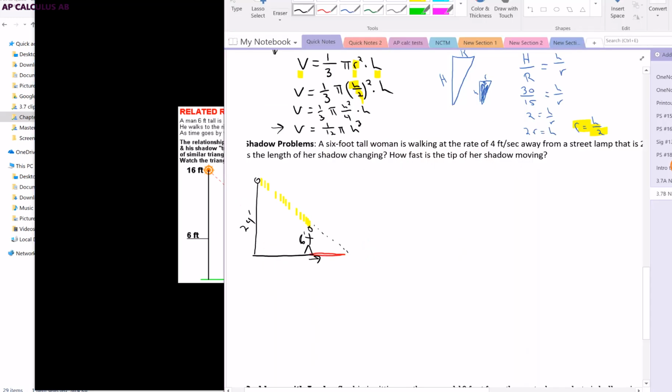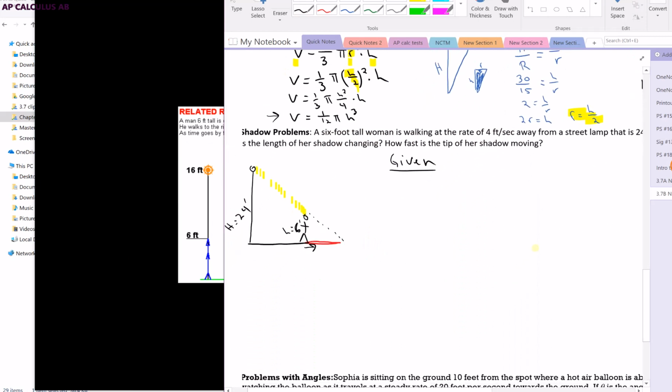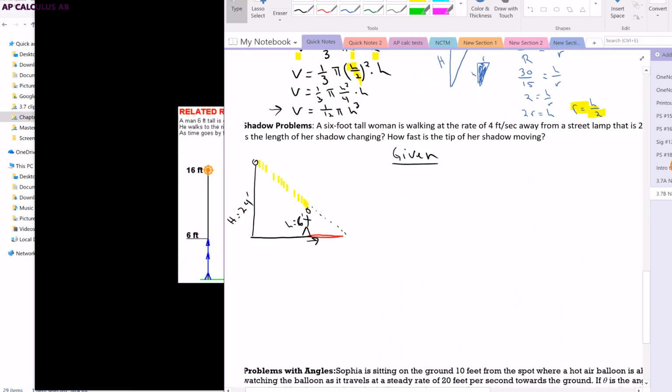All right, so here we are. Let's go ahead and fill out some information. What are we given? Let's call this big height H, and we'll call this little height h. We know H is 24. We know that the 6-foot tall woman is walking at a rate of 4 feet per second away from the street lamp. So let's call her distance away from the street lamp x.